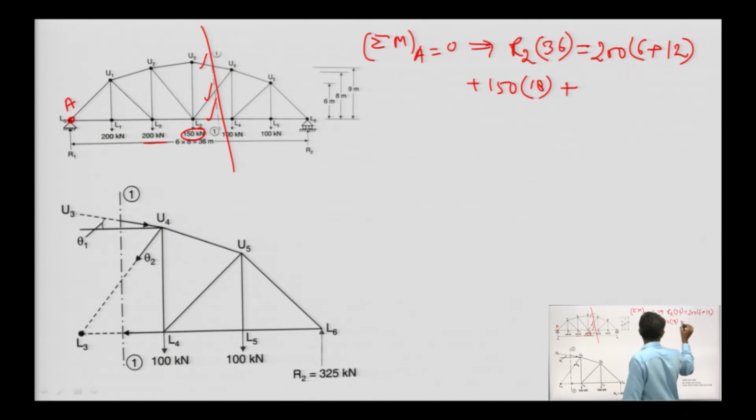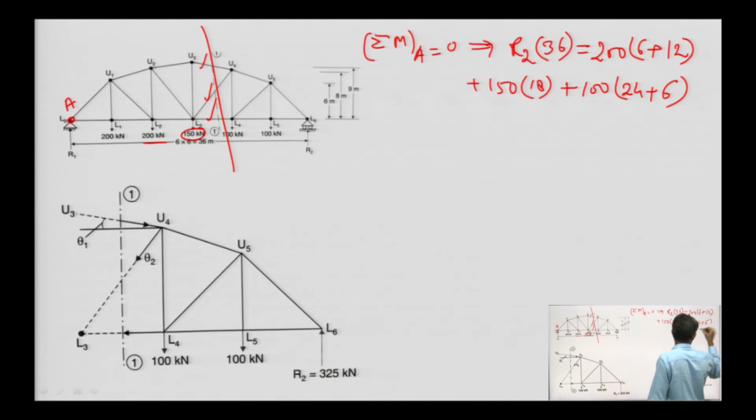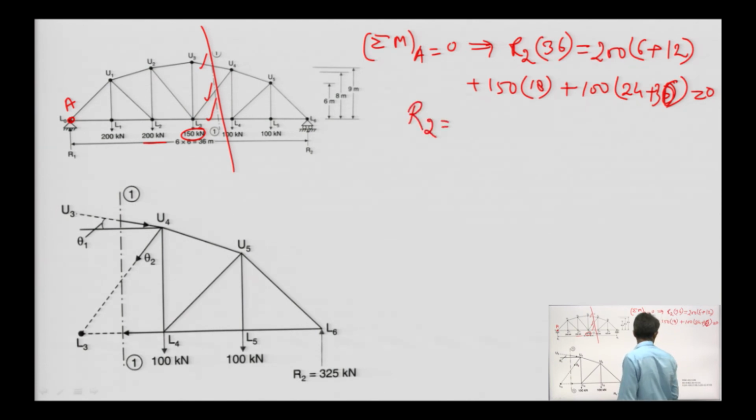For this 100, the perpendicular distance will be 18 plus 6, 24, plus another 6, plus 30, equal to 0.